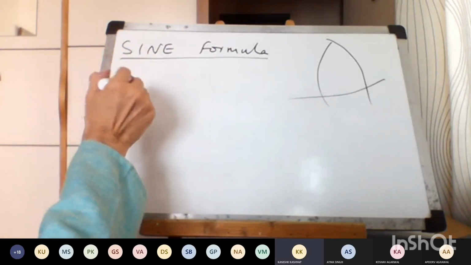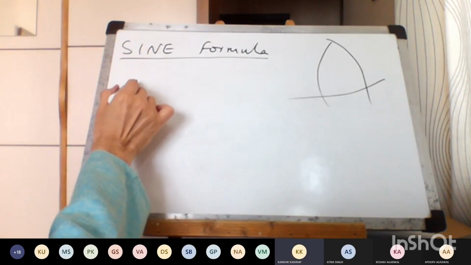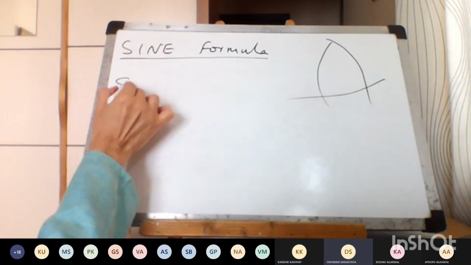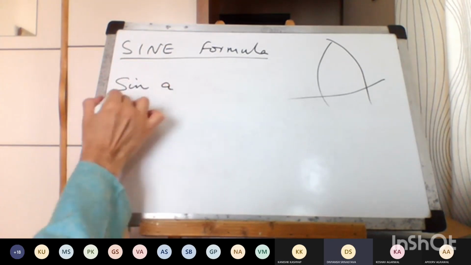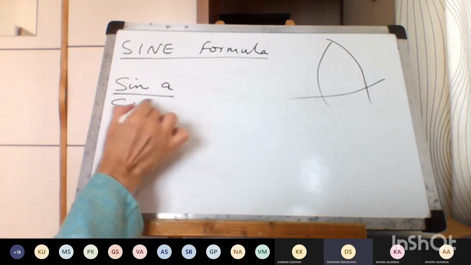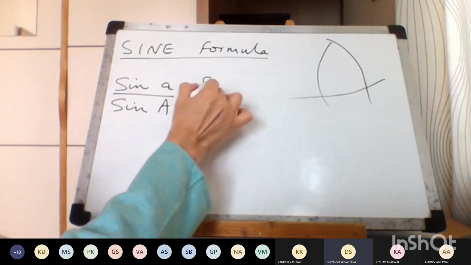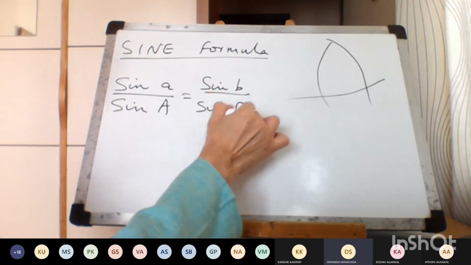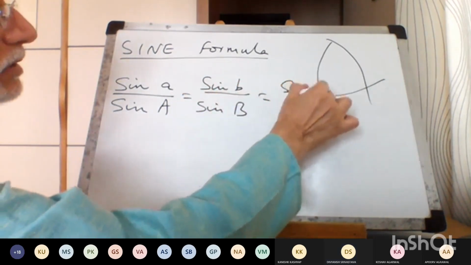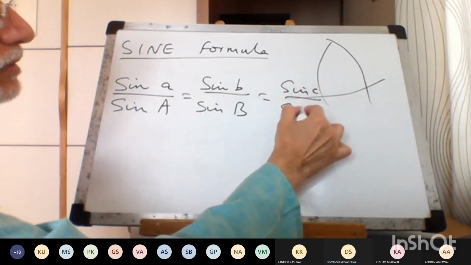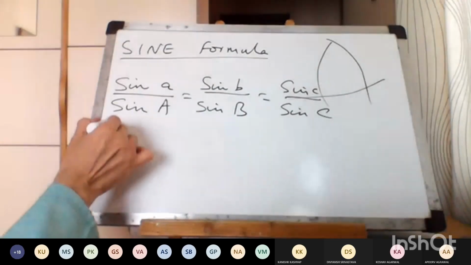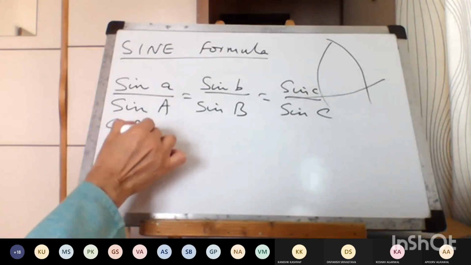The sine formula is sine side A upon sine angle A equal to sine side B upon sine angle B equal to sine side C upon sine angle C. Good. And which is the cosine formula?